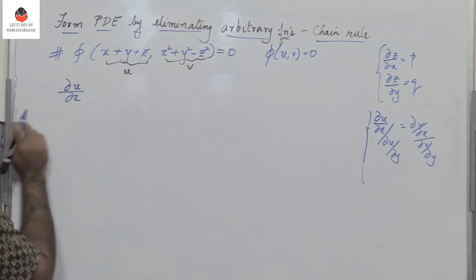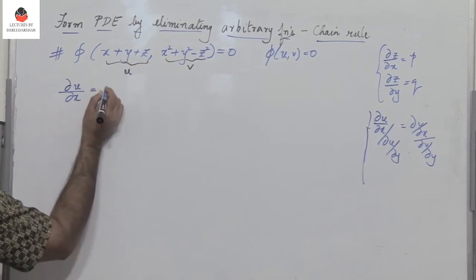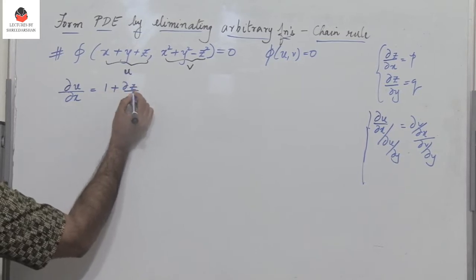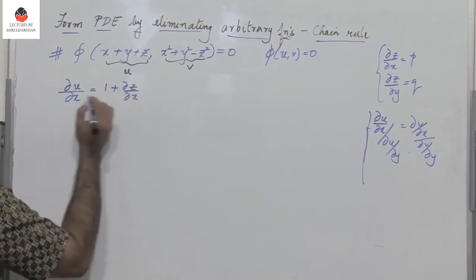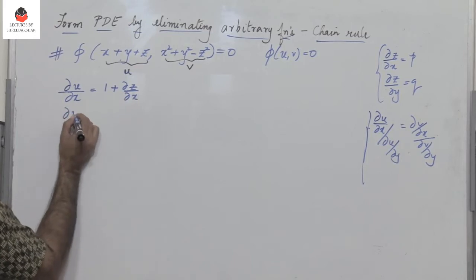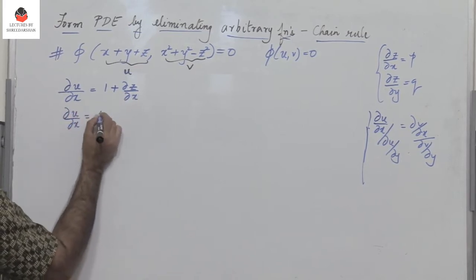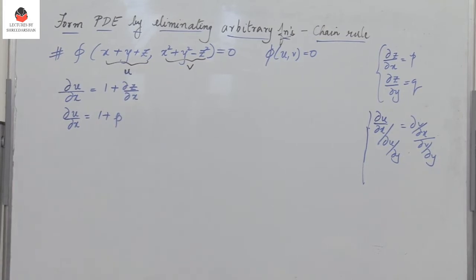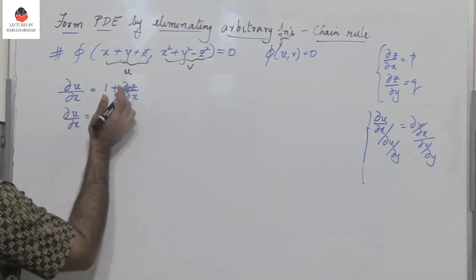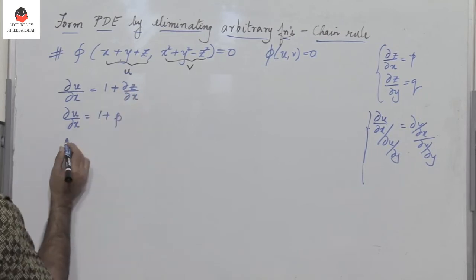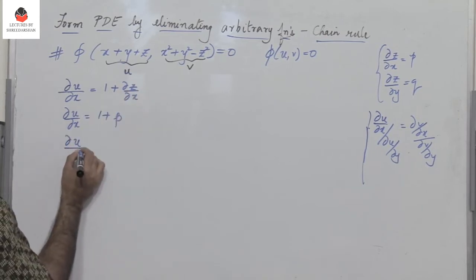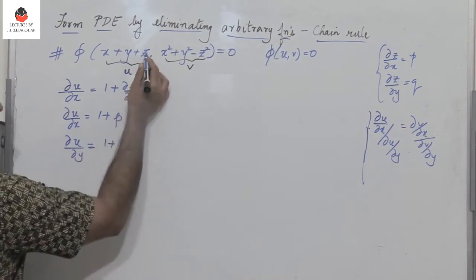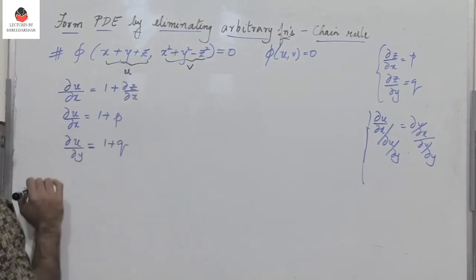Partially differentiate u with respect to x. So you get 1 plus del z by del x. So therefore, del u by del x is equal to 1 plus p, where p is del z by del x. Similarly, partially differentiate u with respect to y. So you have del u by del y equals 1 plus del z by del y, which is q.